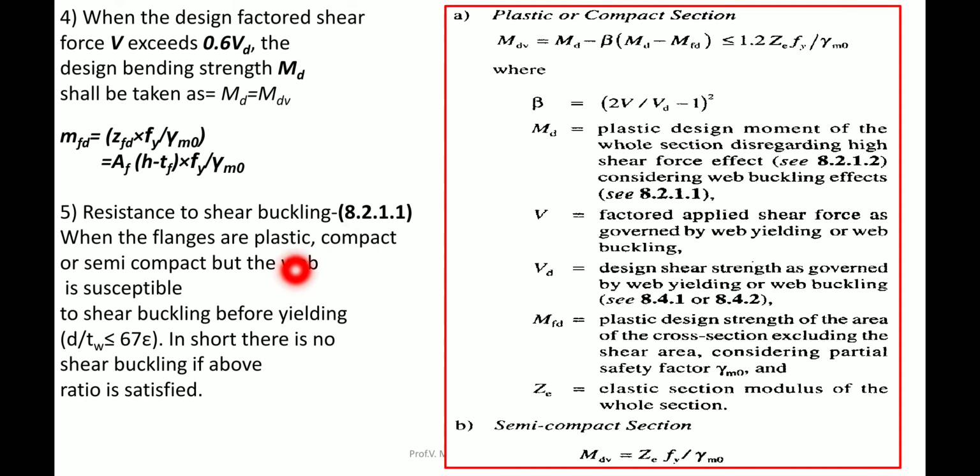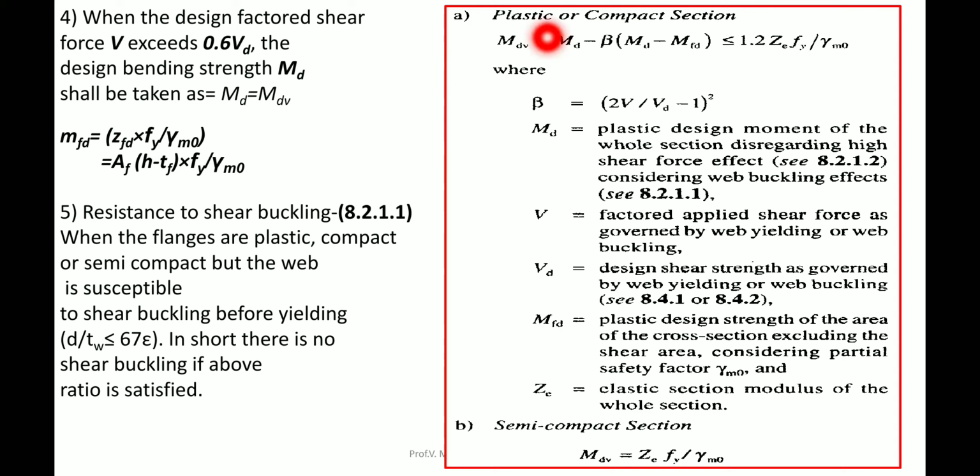flanges are plastic, compact or semi-compact. Here we are going to design, but the web is susceptible to shear buckling before yielding. So here we check that the d by tw ratio is less than 67 times epsilon. In short, there is no shear buckling if this ratio is satisfied.